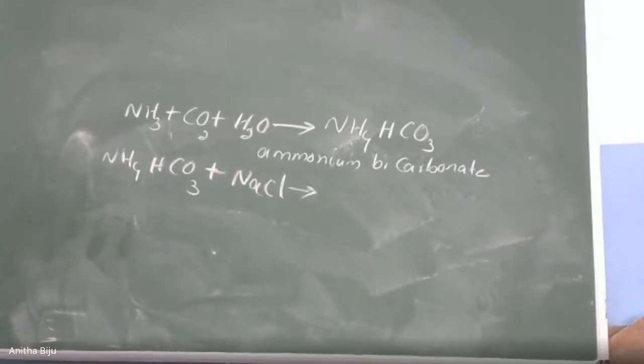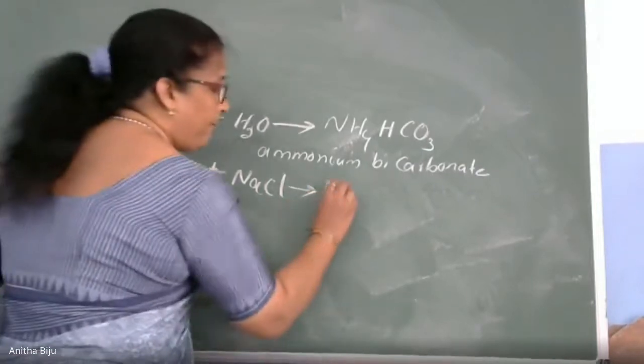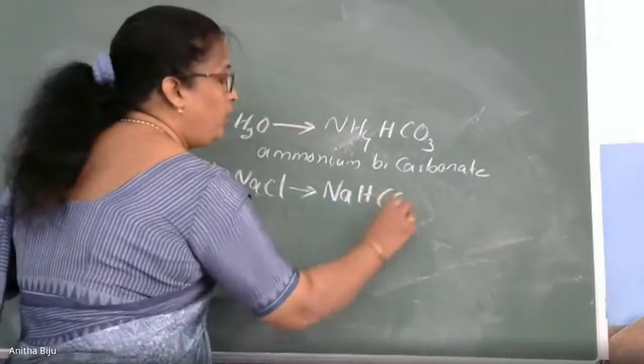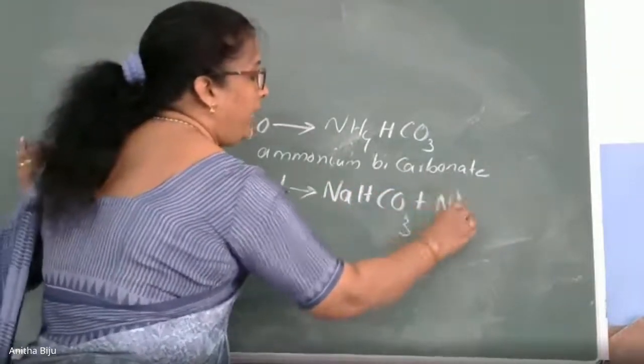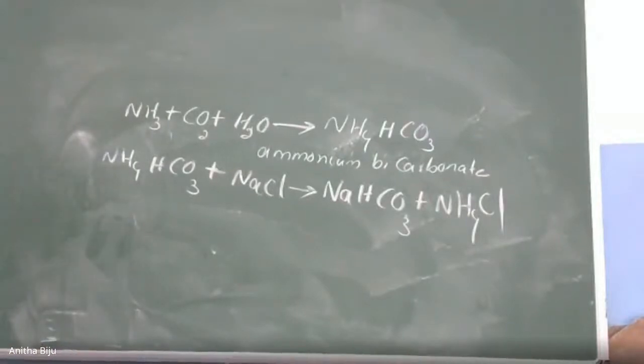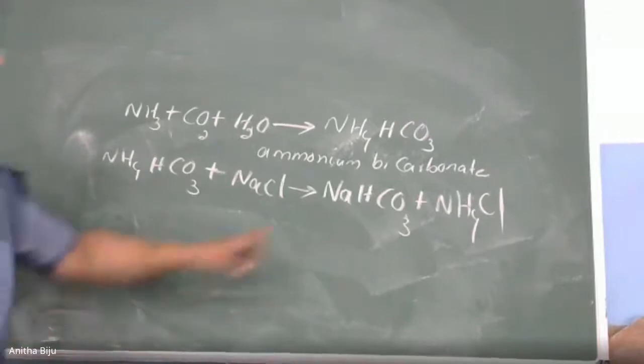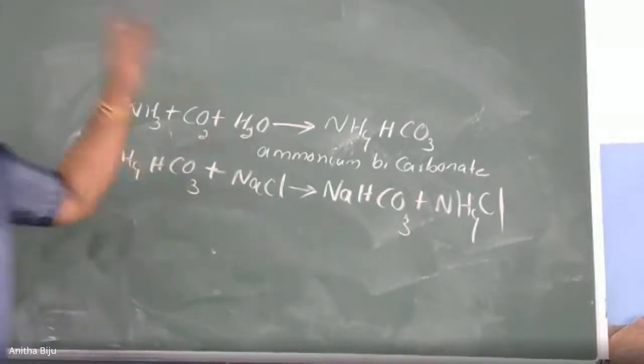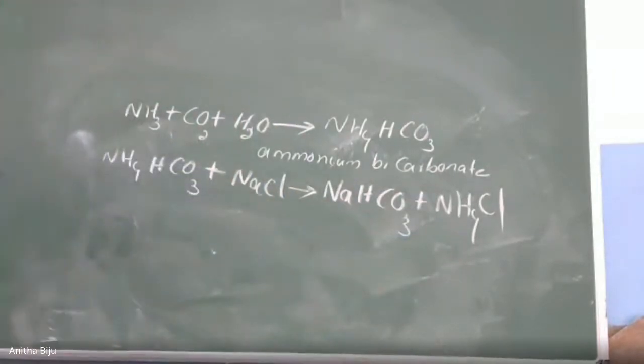When these 2 are combined together, we get 2 products, which are NaHCO3 plus NH4Cl. NaHCO3, you know what is that? NaHCO3 is sodium bicarbonate. And what is this? Ammonium chloride. These are the 2 steps for the manufacturing process.